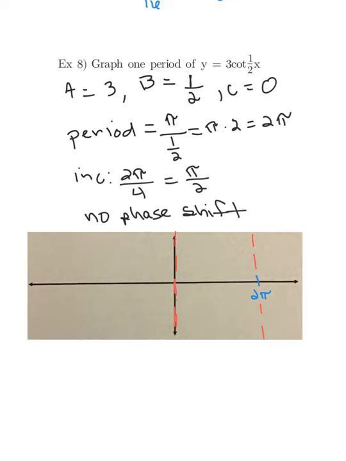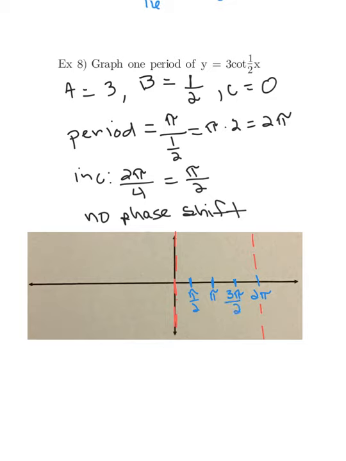Now, halfway between the two asymptotes is where the 0 happens. So halfway between 0 and 2 pi is pi. Halfway between the asymptotes and pi has to be your highs and your lows. Halfway between 0 and pi is pi over 2. Halfway between pi and 2 pi is 3 pi over 2.